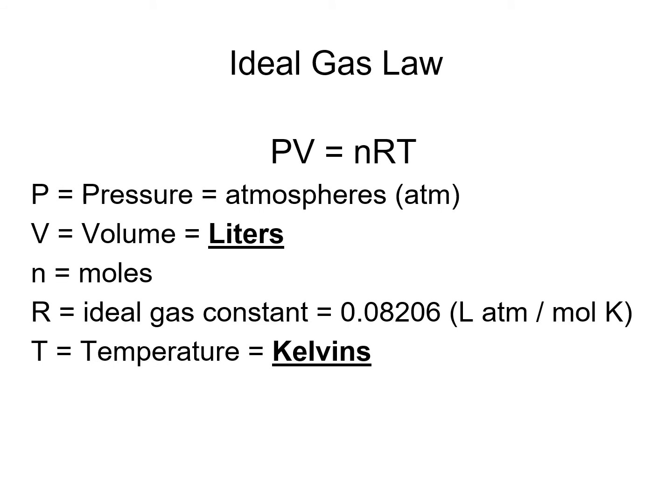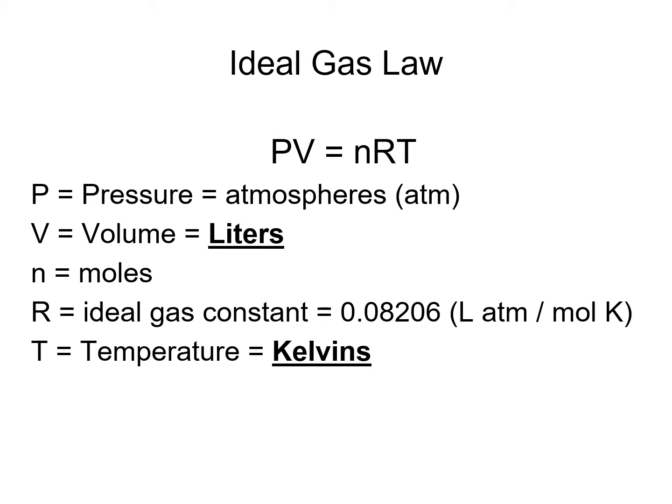So the ideal gas law is shown here, PV equals nRT. P corresponds to the pressure, V is the volume, n is the number of moles of the sample, R is the ideal gas constant, which is always going to be that number right there, 0.08206, and T is the temperature.